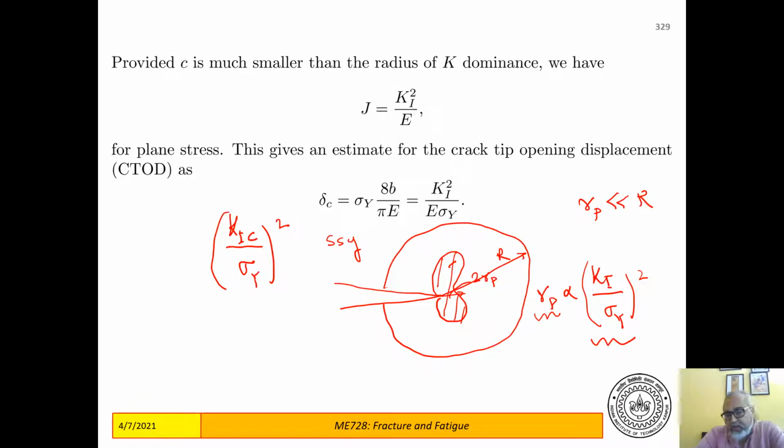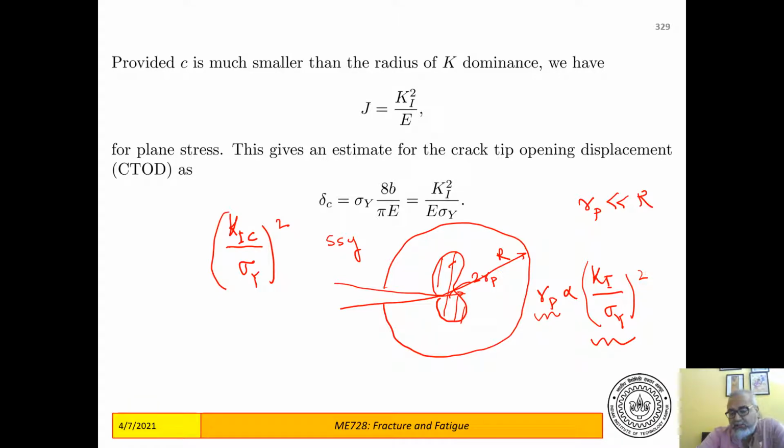So we have to check whether K1C by sigma y whole square is a large number or a small number. It's a large distance or a small distance. So this idea of small scale yielding has a bearing on experimental determination of the fracture toughness. Fracture toughness can only be determined when small scale yielding assumptions are valid. There will always be a plastic zone at the crack tip because the stresses are infinite according to LEFM, and infinite stresses cannot be sustained at the crack tip.